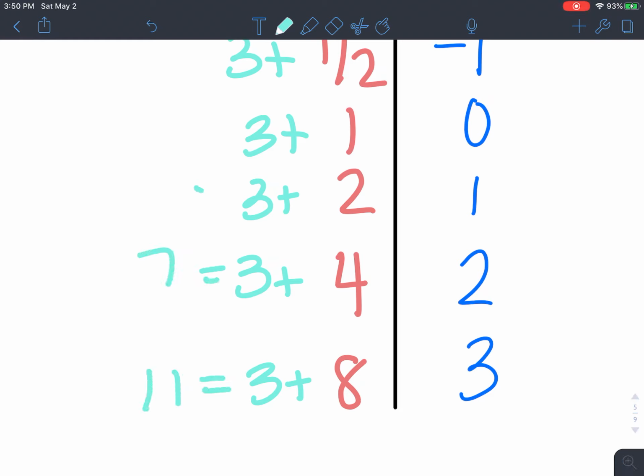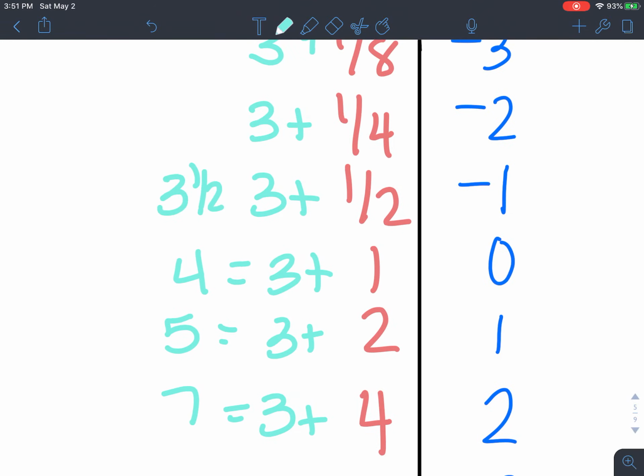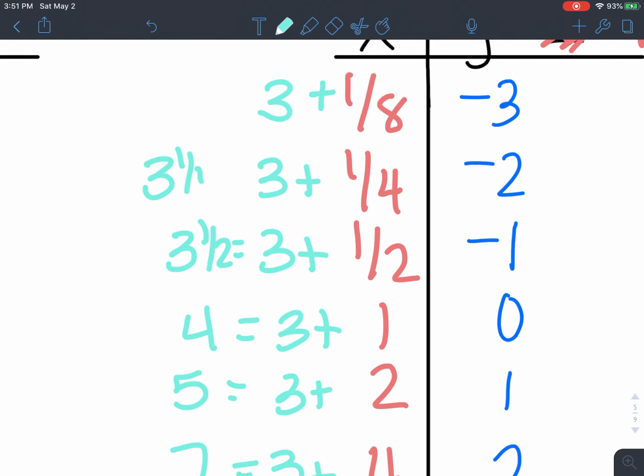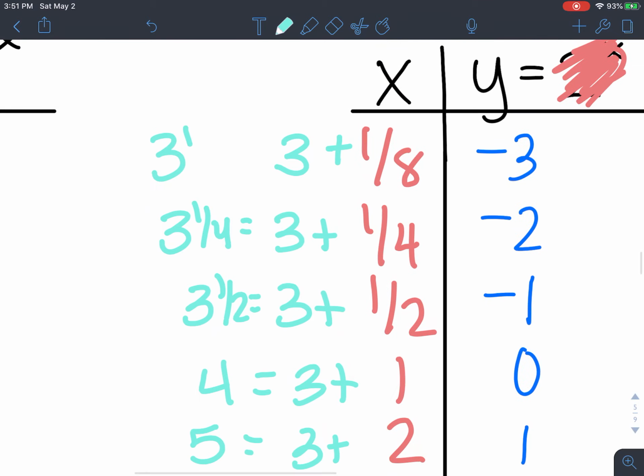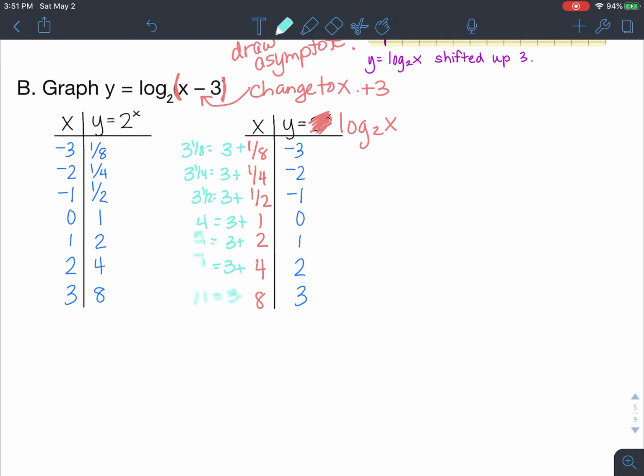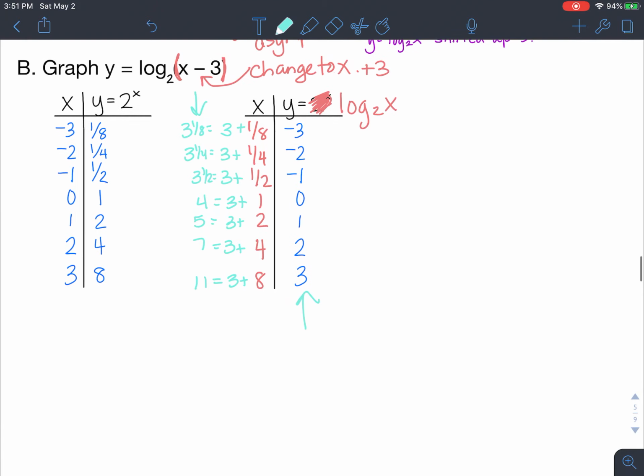So that'll be 11, 7, 5, 4, 3 1/2, 3 1/4, 3 1/8. So this column and this column, that's who's getting graphed.